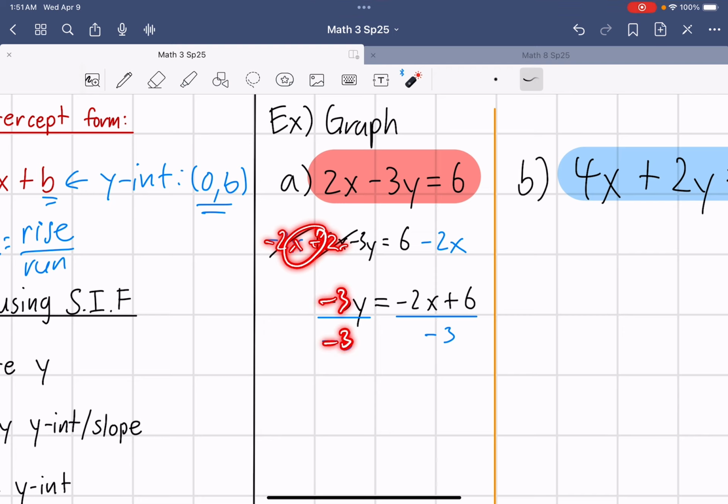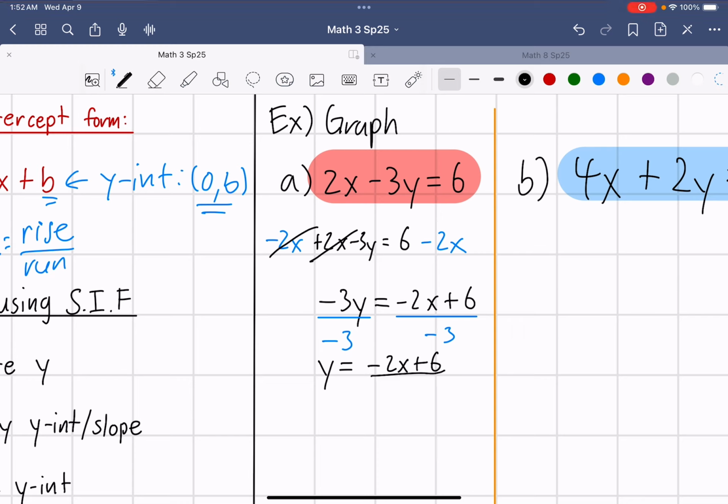Negative 3 divided by negative 3 is 1. So one cancels, one simplifies. So that leaves me with y is equal to negative 2x plus 6 all over negative 3.